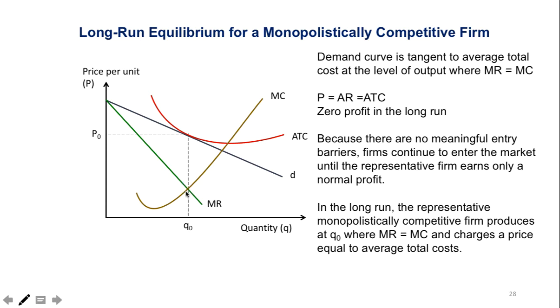So the intersection of marginal revenue and supply, or marginal cost, determines the quantity, and then they go up and hit the demand curve and determine the price. So in the long run, the price is equal to the average total cost. It means that there is zero economic profit in the long run for the monopolistically competitive firm.